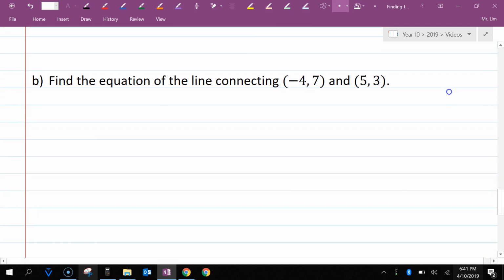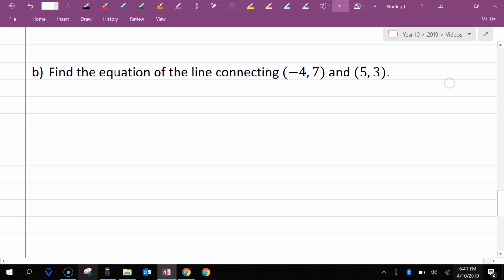Okay, question B. Find the equation of the line connecting -4, 7 and 5, 3. If you want to pause the video and have a go with this one yourselves, you can. Alright, I'm just going to go through this now. So we don't have the gradient, we need to work it out. We know that gradient is rise over run, or y2 minus y1 over x2 minus x1.